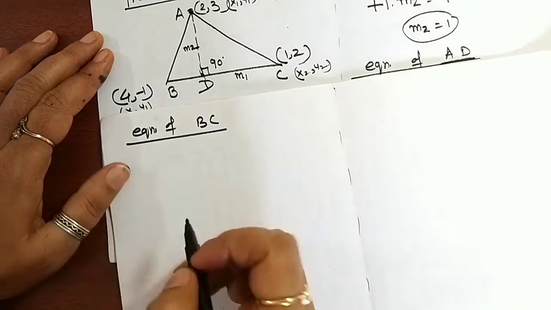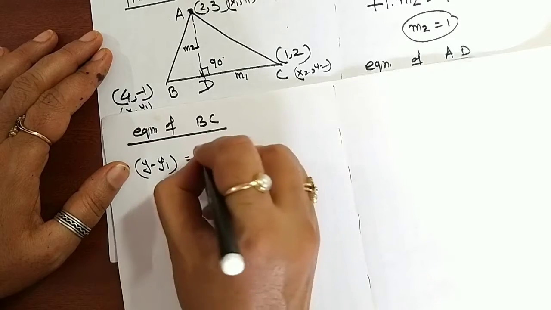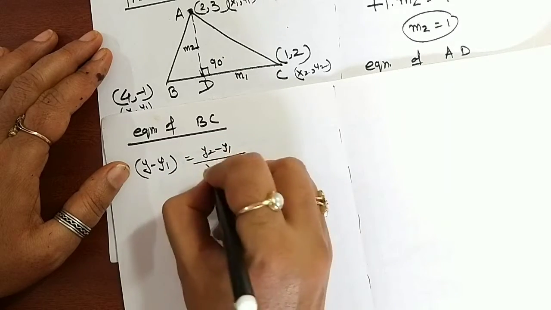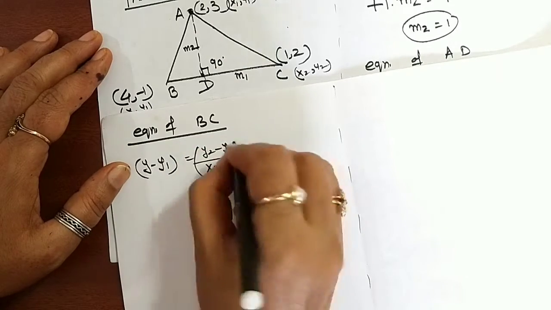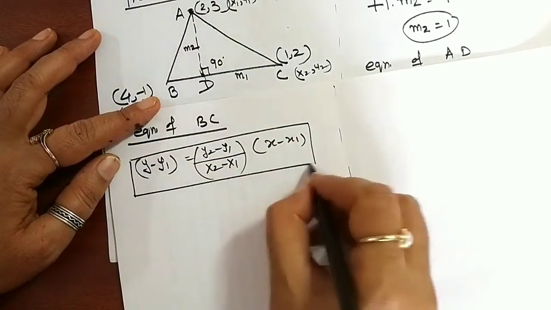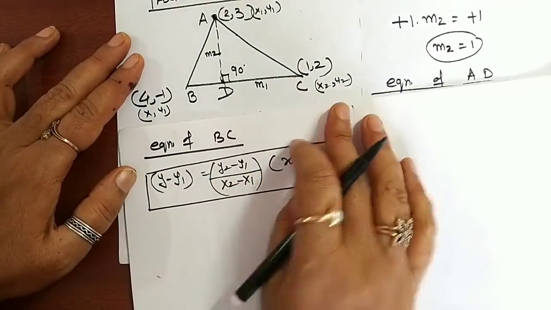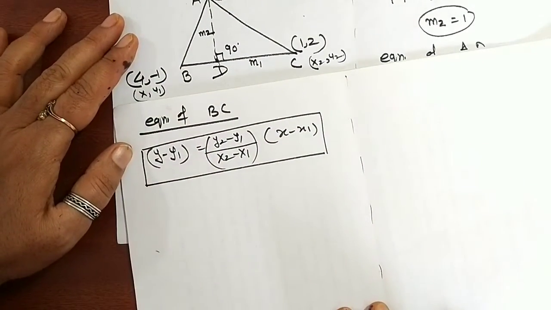So equation of BC, what formula I will apply? Y minus y1 is equal to (y2 minus y1) by (x2 minus x1), into (x minus x1), for the given 2 points. So these are the points x1 y1, x2 y2. I am just applying the equations, that's it.